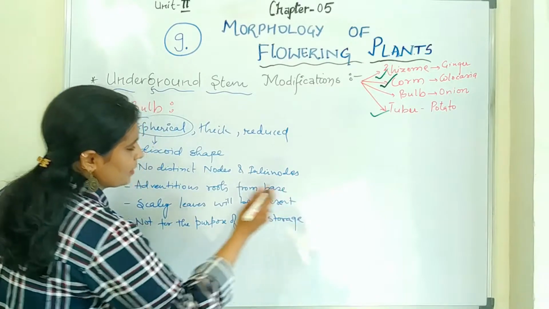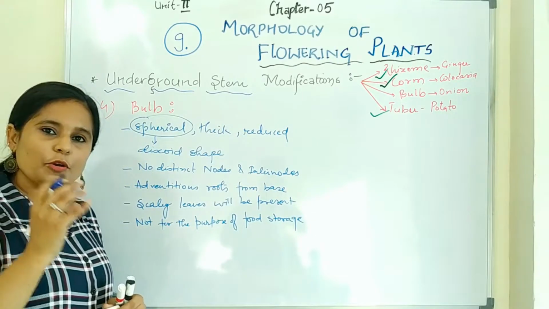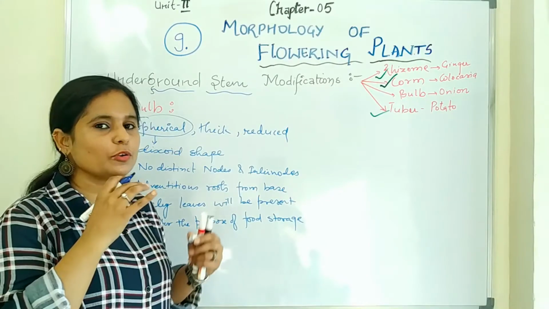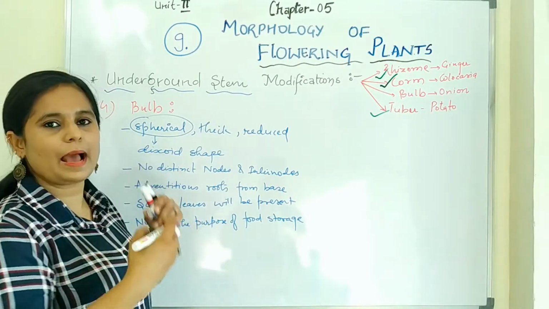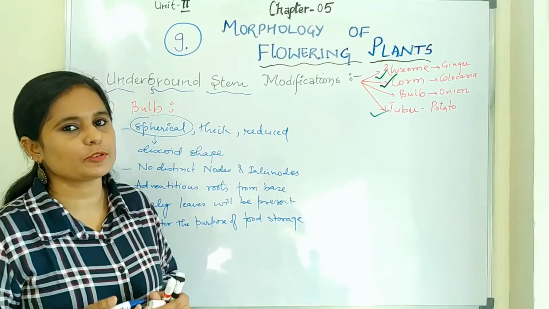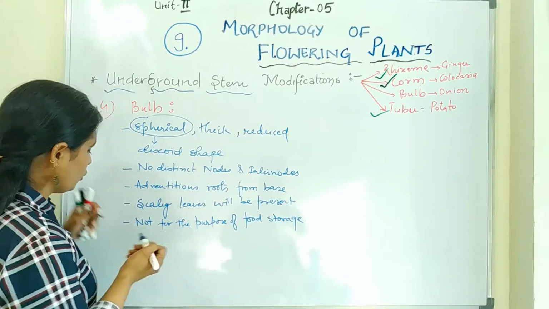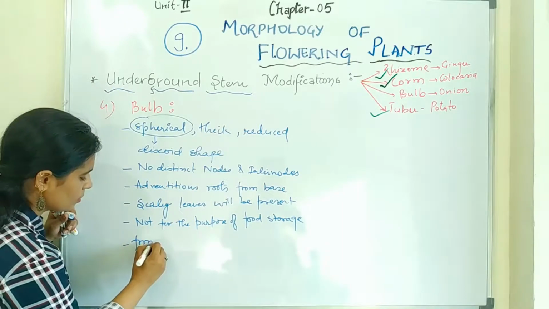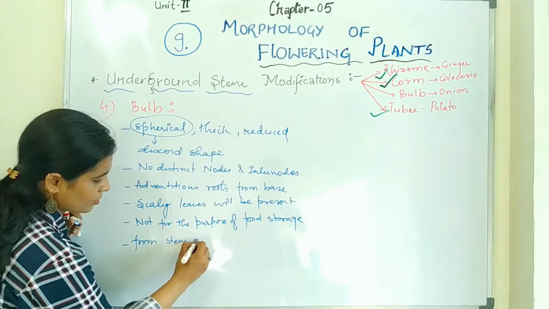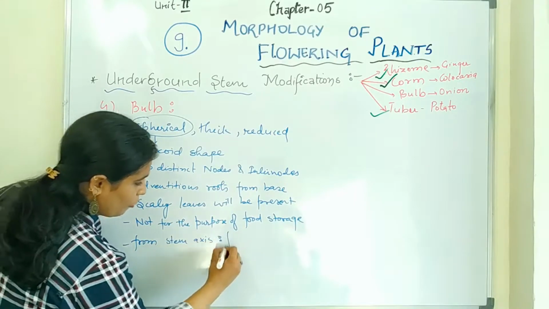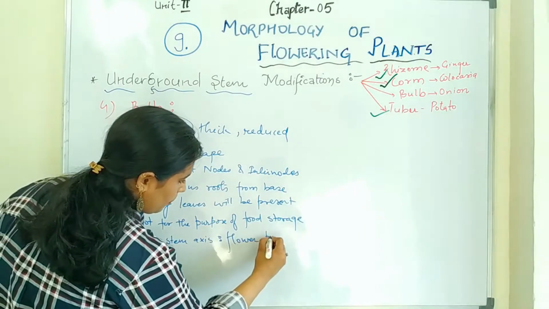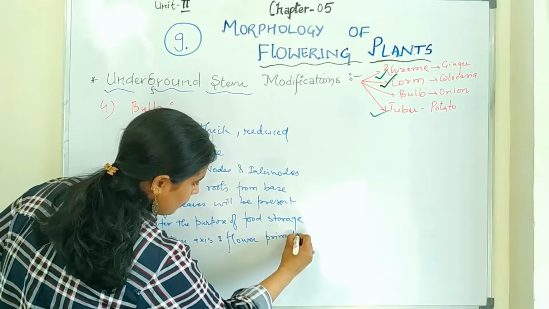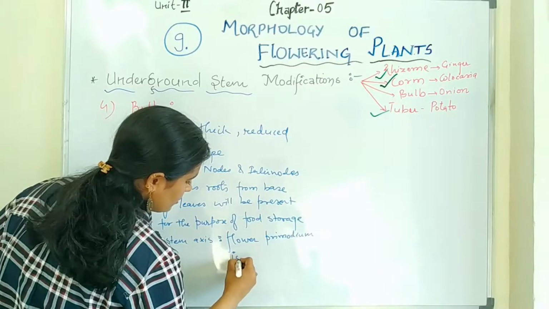As this stem is not fleshy, you will not call this bulb a modification of stem for the purpose of food storage. Then you will see that from the stem axis, a floral primordium is developing.